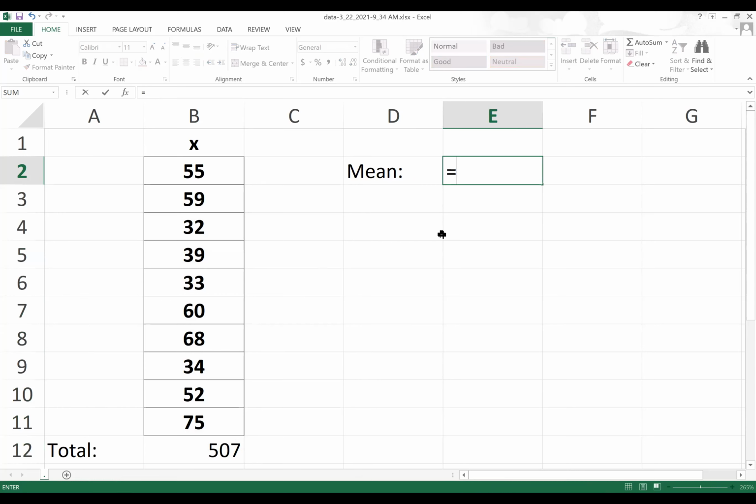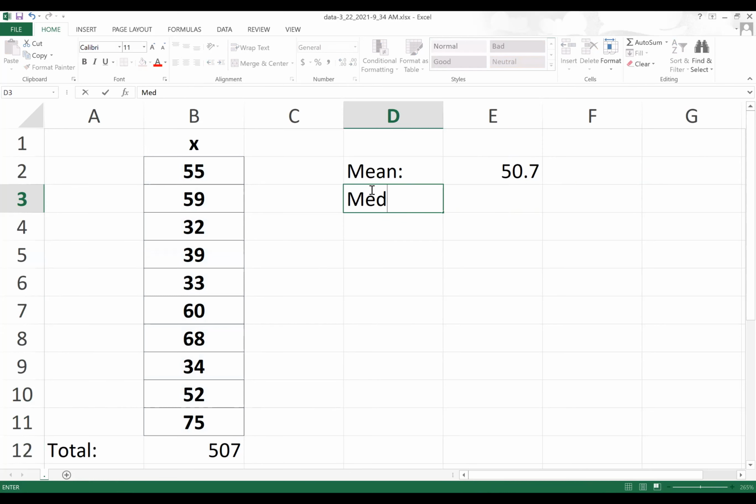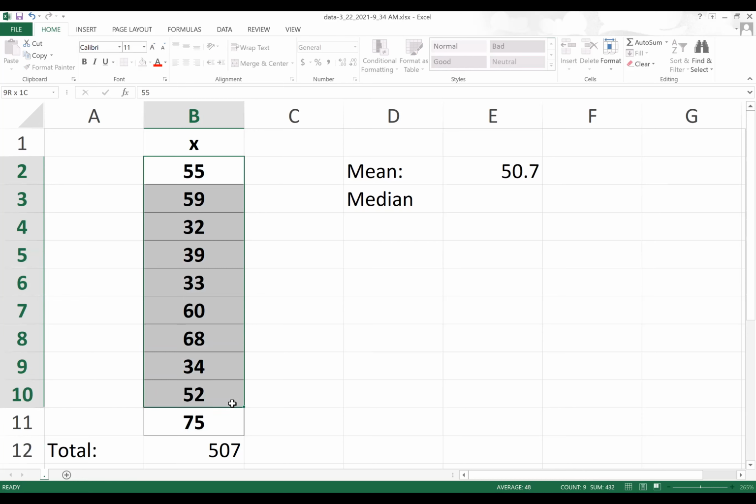You can also do the sum of all these numbers divided by the count of all these numbers. You count how many numbers there are. It should be 10, and the mean should be 50.7. Or you can just divide 507 by 10. You also get 50.7.